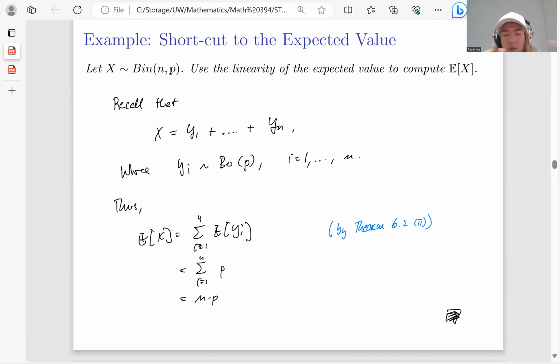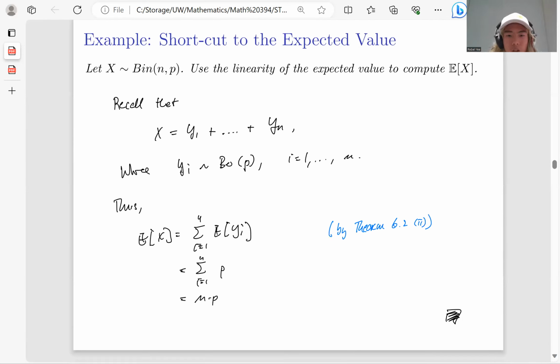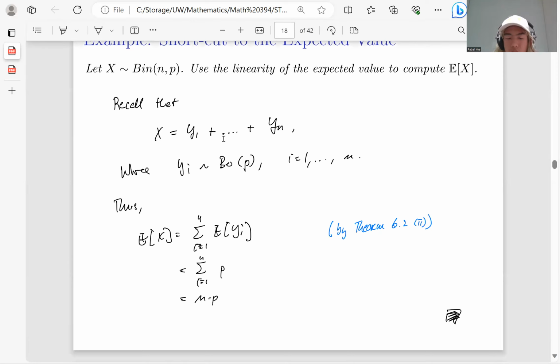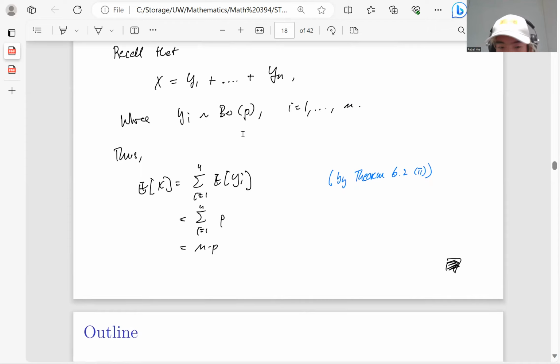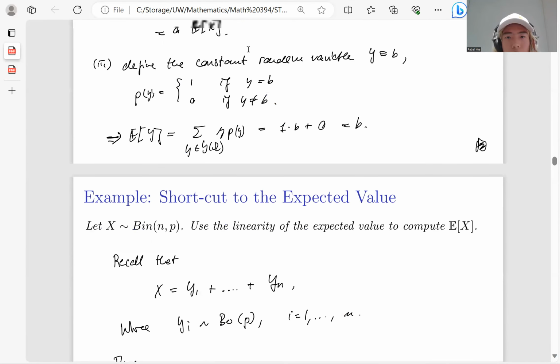Then we only need to sum up all of the n terms of the Bernoulli distribution results. Each Bernoulli distribution's expected value is p, and there are n terms. So we have n terms of p summed together, so it's just n times p. So we're done. Okay, and I think today we're running out of time. So variance will be talked about next week.